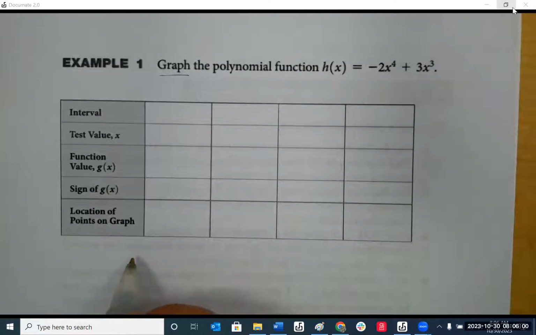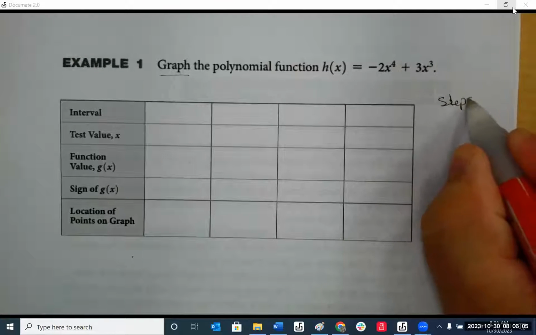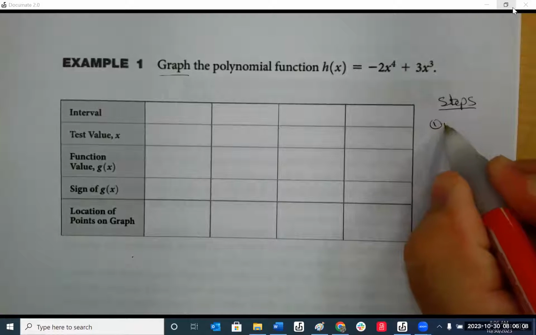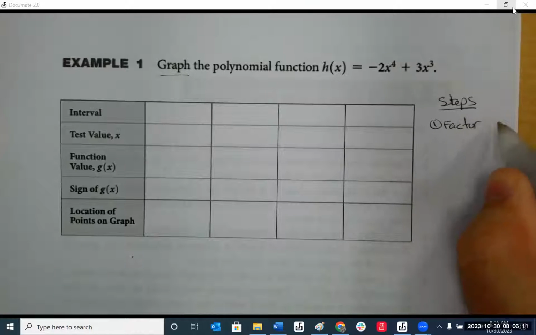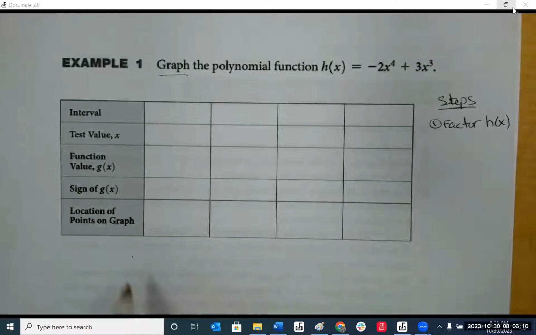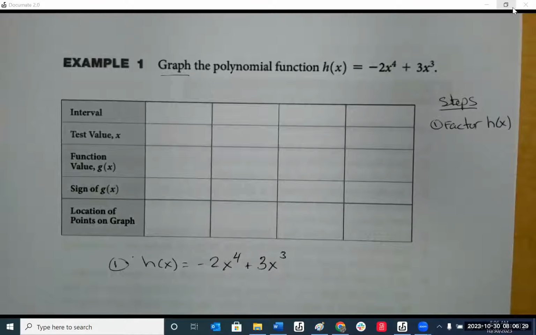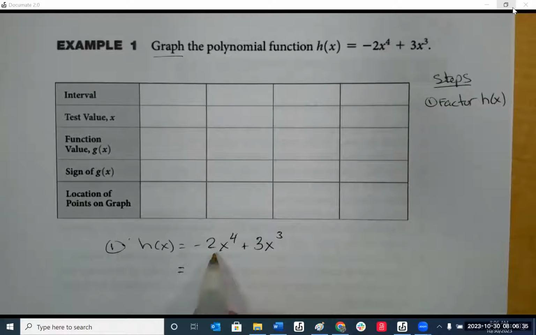So the first thing you have to do, step 1, is factor the function. We have h of x equals -2x to the fourth plus 3x cubed. Since it only has two terms and they both have x's, we can factor out at least an x.